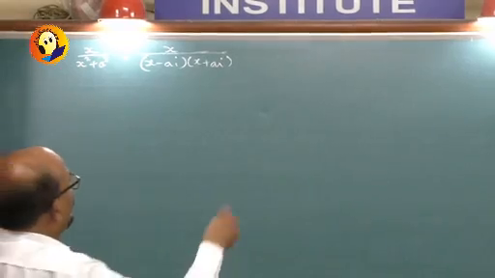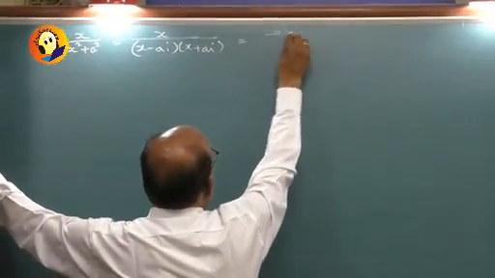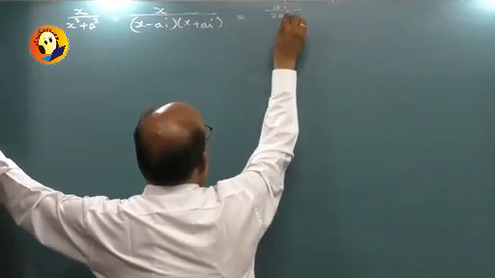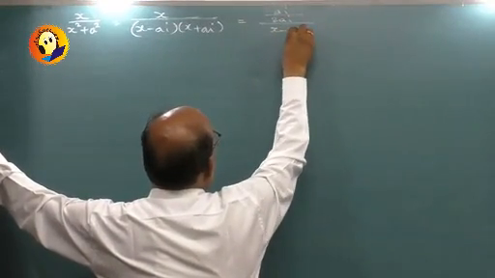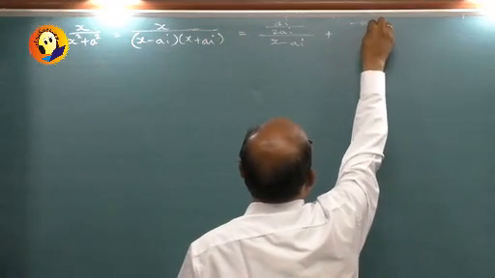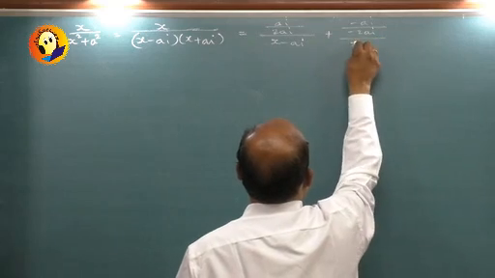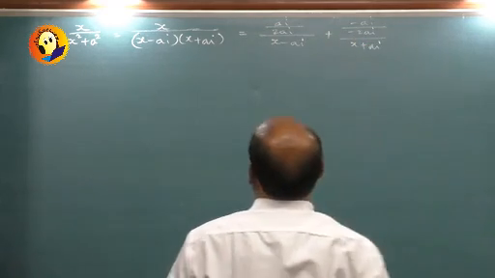So by partial fractions we get ai upon 2ai upon x minus ai plus minus ai upon minus 2ai upon x plus ai.